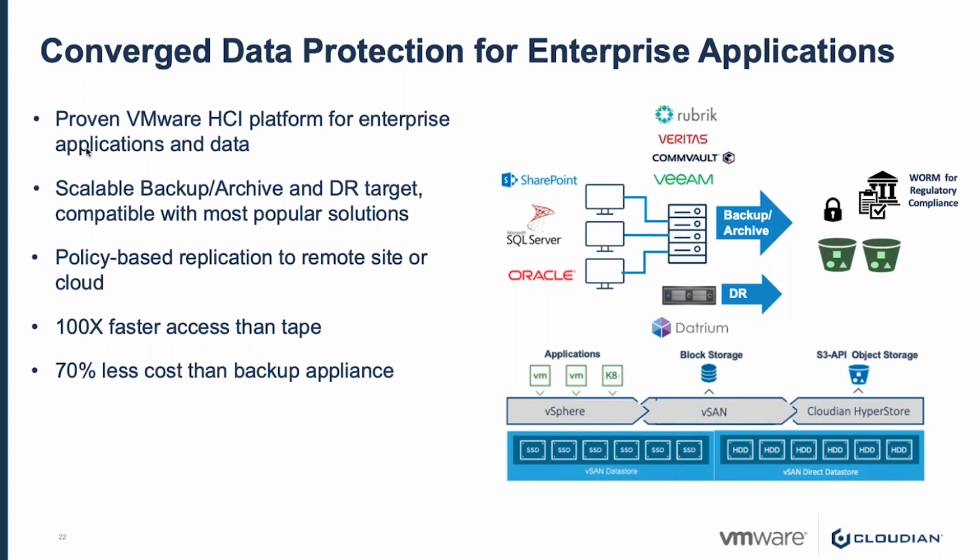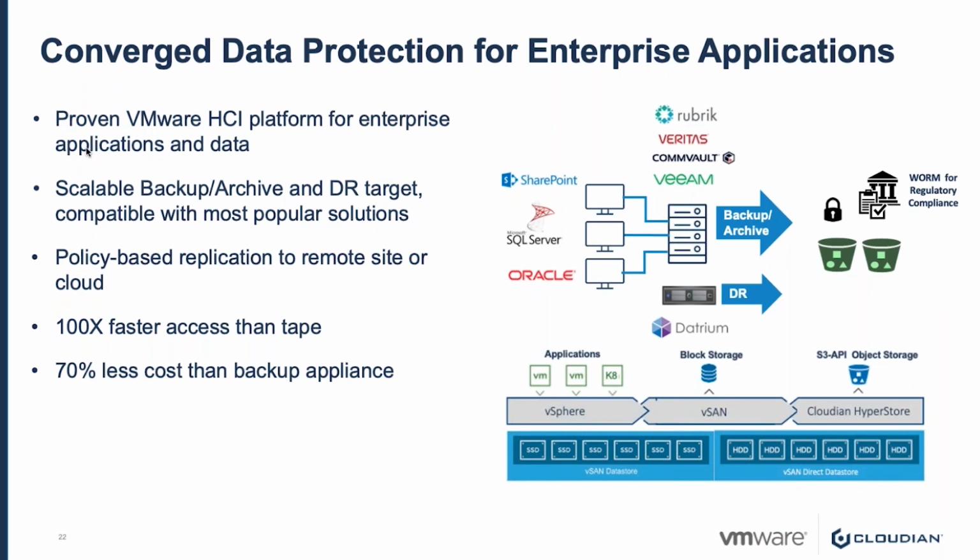You can now not only take advantage of the data protection for modern applications, you can do that with traditional applications and become that target. Cloudian can be that S3 target on the VMware VCF and vSAN data persistence platform to offer integrated secondary storage and data protection solutions for your enterprise applications.